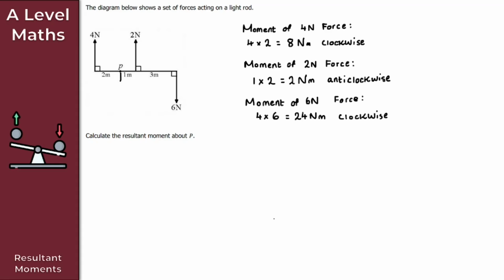To find the resultant moment, we need to state which direction is positive. Given that I've got 8 Newton meters clockwise and 24 Newton meters clockwise, it makes sense to choose clockwise as positive. Let's write this down.